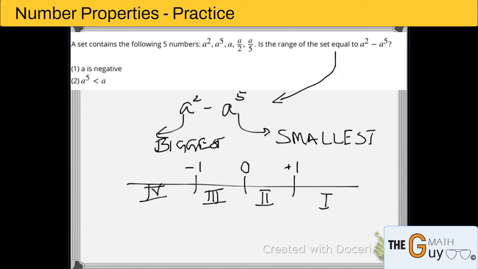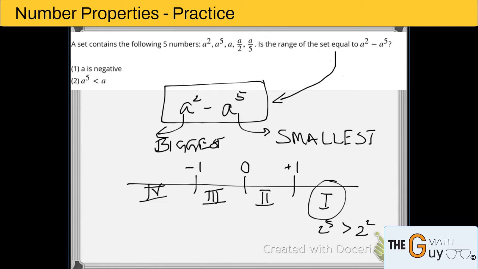If I take any number above 1, a square will be bigger, yes, but a to the power 5 will be even bigger. Take the example of 2: 2 to the power 5 is bigger than 2 square. So to fulfill these 2 conditions, that a square should be the biggest and a to the power 5 should be the smallest, we cannot take numbers in zone 1.